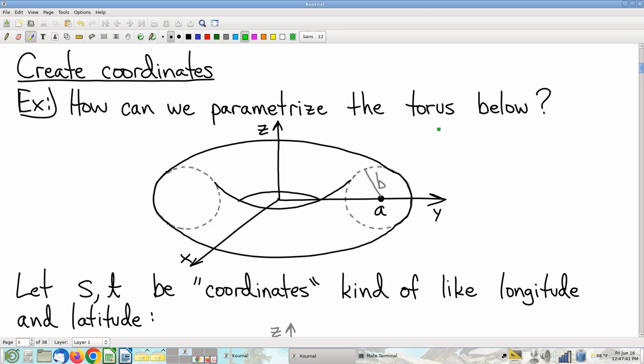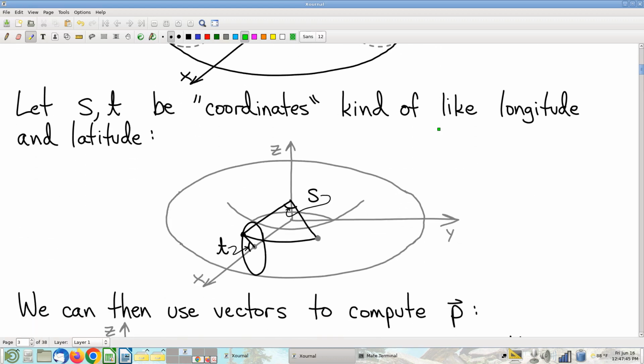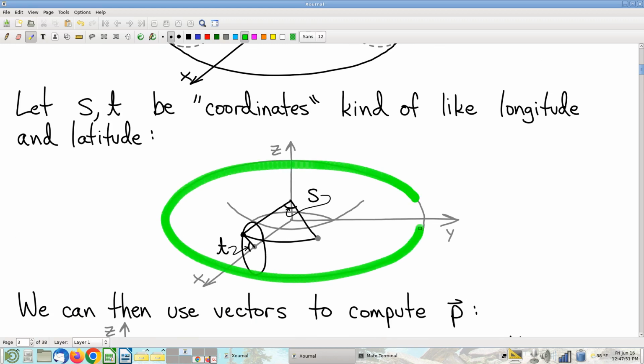So here's the idea: coordinate system. I'm going to create a coordinate system as follows. I'm going to imagine that this is a weird world that we somehow live on or in.